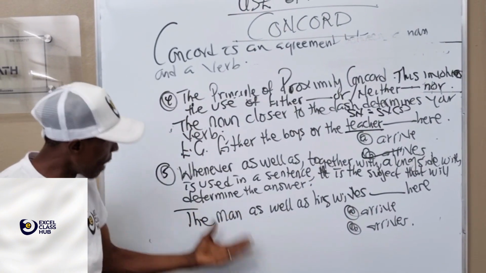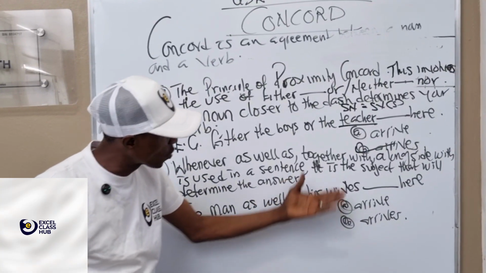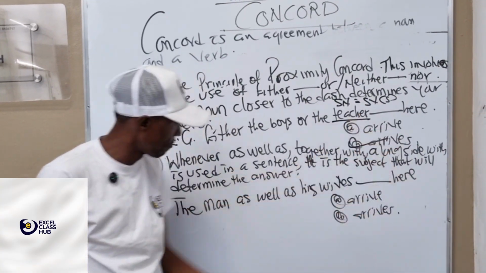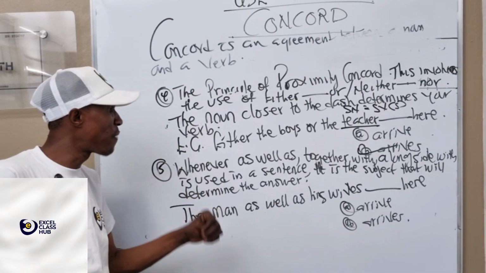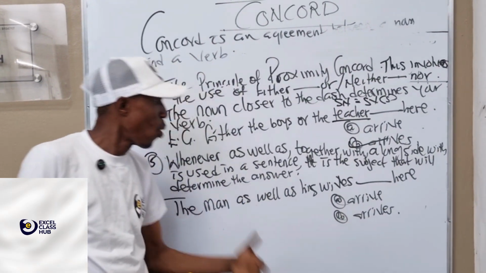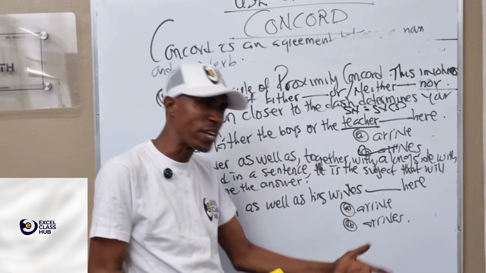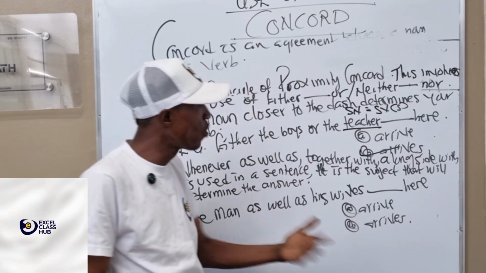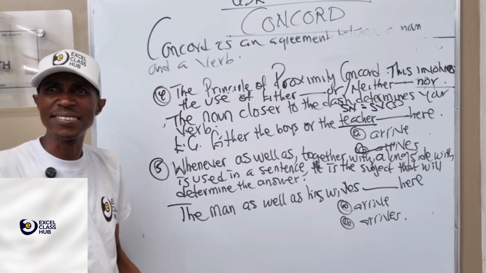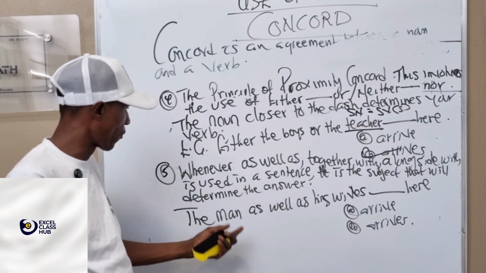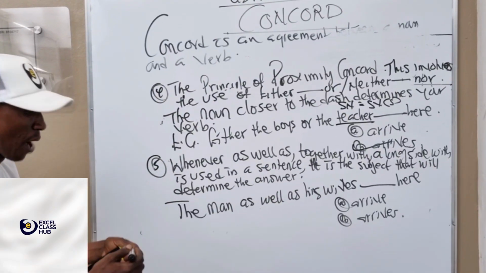They said the man as well as his wife dash here. We are told from this principle that whenever you see as well as, together with, alongside with, it is the subject that will determine your answer. So from this, what is our subject?